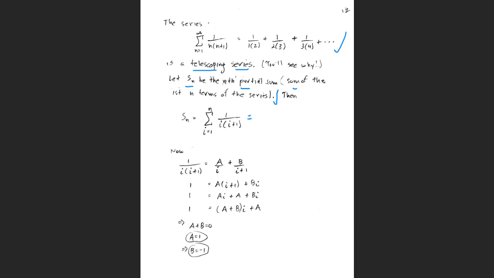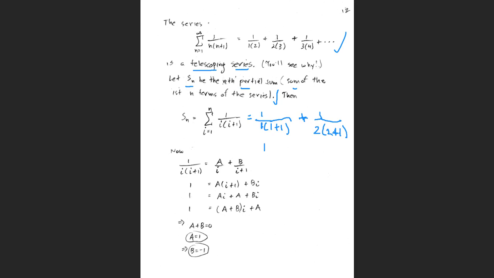So like if we had 1 over 1 times 1 plus 1, plus 1 divided by 2 times 2 plus 1. Okay, those are the first 2 terms of the series, right?